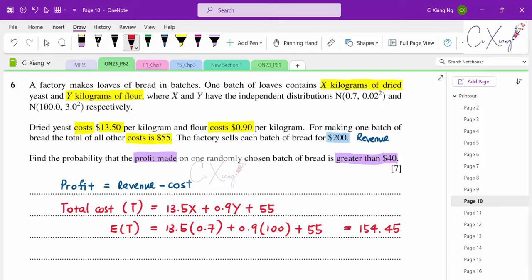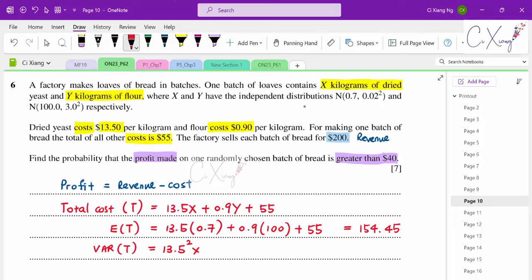All right, then after that, for the variance. So if I want to calculate the variance for the total cost, I need to take out the 13.5 and square it. When you want to take out any multiplying constant from the variance, you have to square it. So I'm having 13.5 squared times the variance of x.